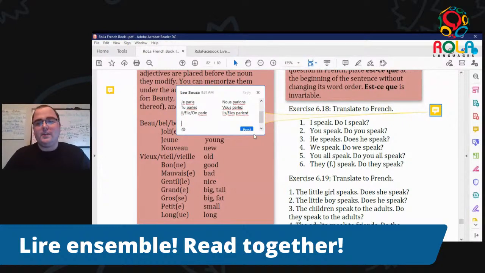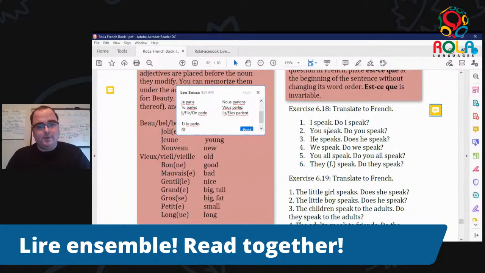Firstly, we're going to do a few of these aloud, and then we're going to do a few of these written. So the first number is I speak. Do I speak? How do we say I speak in French? Je parle.